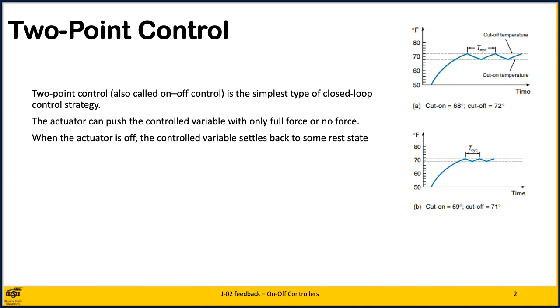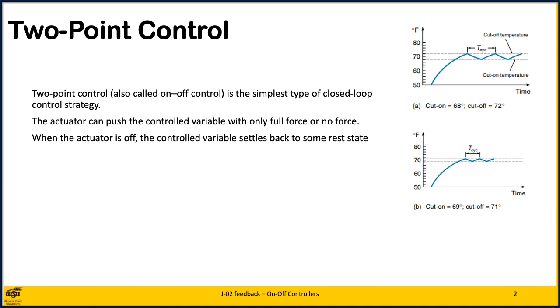Notice there is a cycle time, T-cyc, associated with two-point control. This cycle time is affected by the capacity of the furnace and the house, as well as the temperature difference between the cut-on and cut-off points.